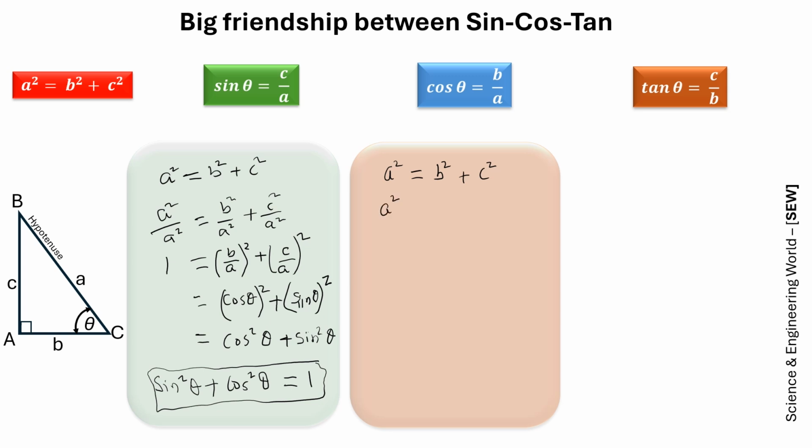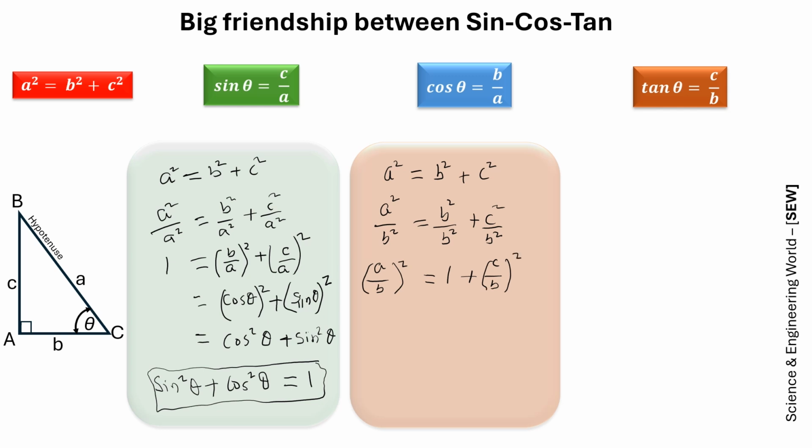So a squared over b squared will be equal to b squared over b squared plus c squared over b squared. Now we can write, like we have done before, (a over b) all squared will be equal to b squared over b squared, which gives us 1, plus (c over b) all squared.